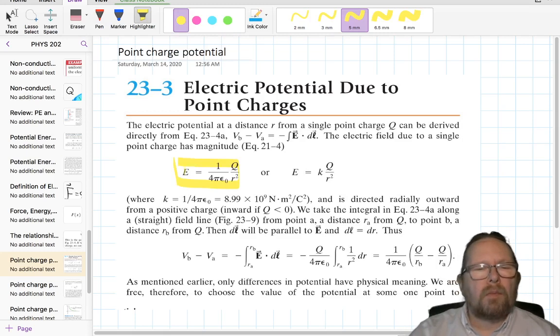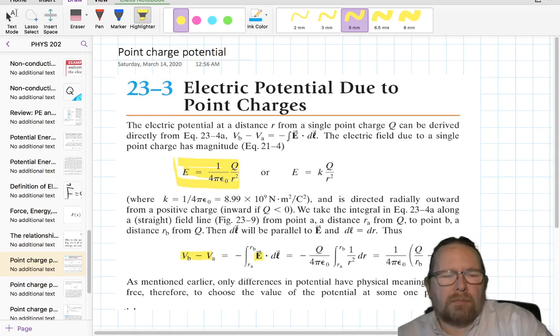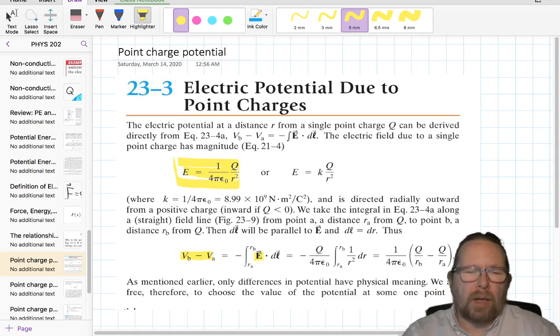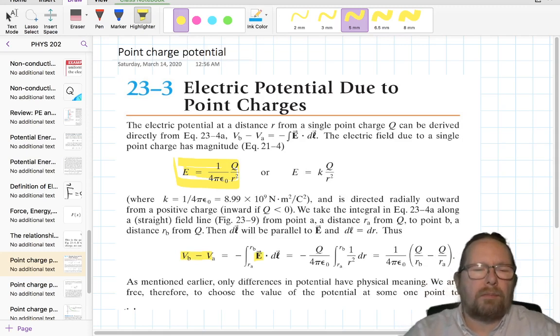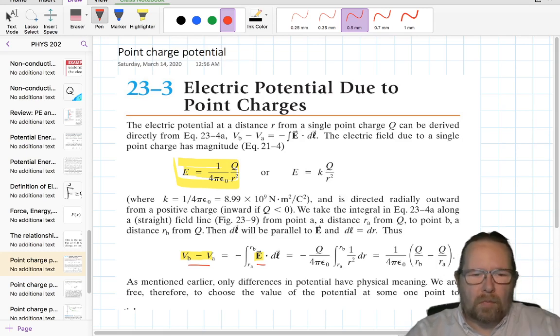And you know that the relationship between potential difference and the field is that you can think of it either way: the potential is equal to the integral of the field from one point to another, or the electric field is equal to the negative derivative of the potential through space.